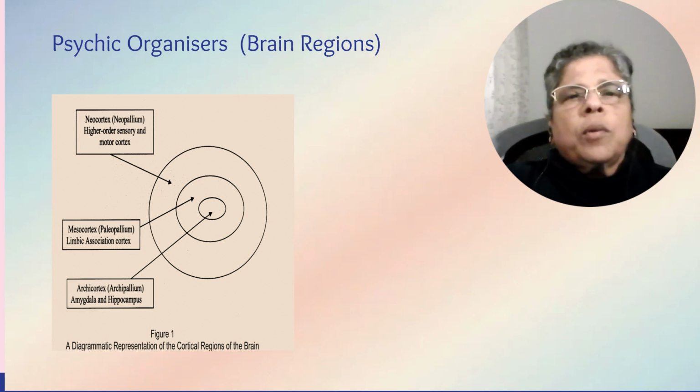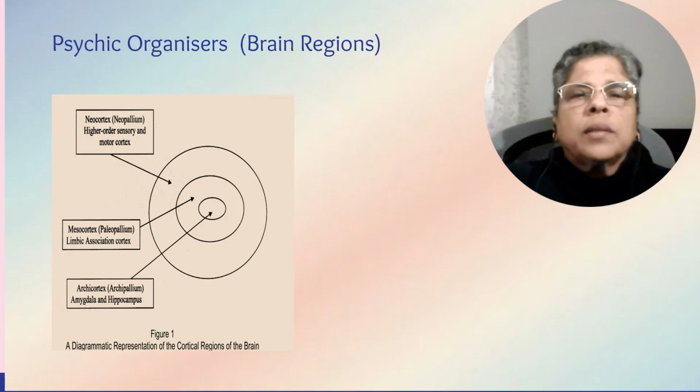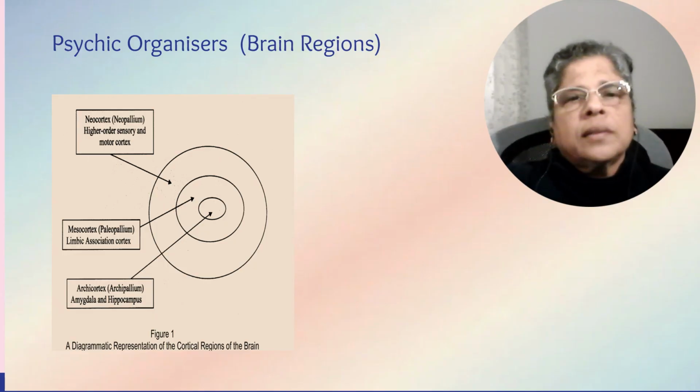What Byrne teaches about how these ego states are formed is based on his awareness about the brain involvement in the development of ego states at that time. So he calls them the psychic organizers.